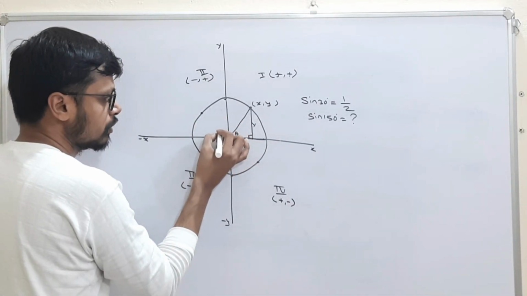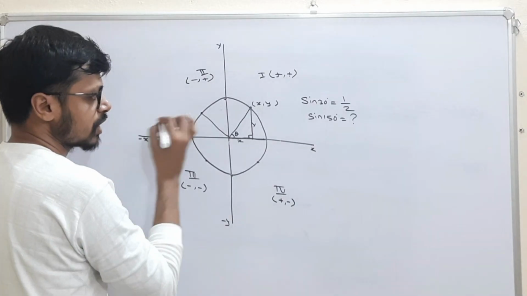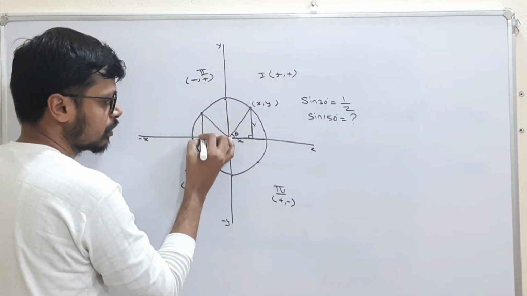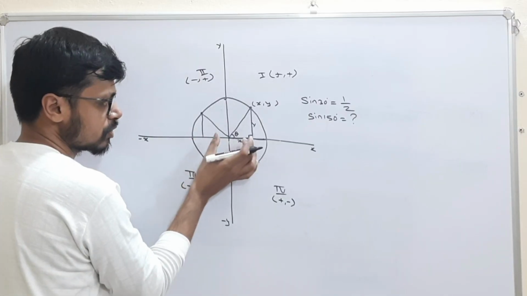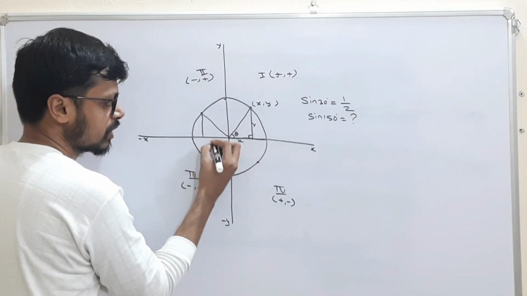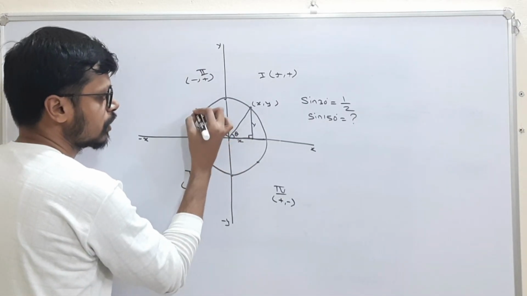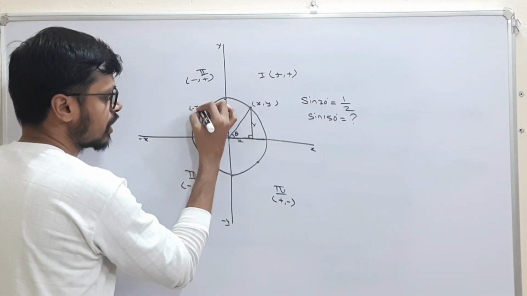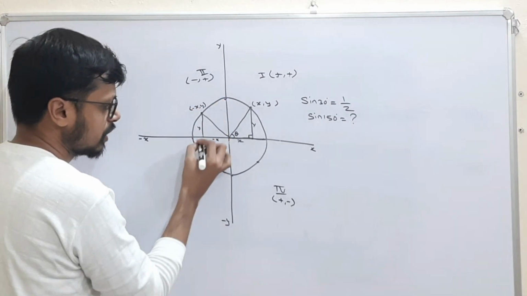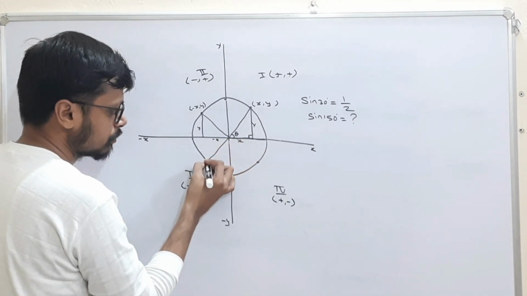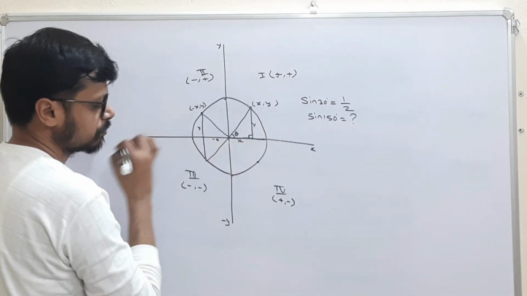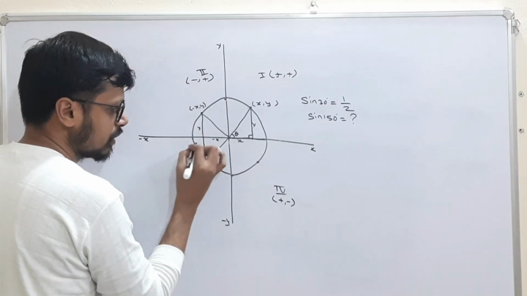Same thing if I draw one triangle here. From the origin I will take this hypotenuse and draw the perpendicular on the x-axis. So what will come here? Minus x, because we have taken the mirror image, so this one will be minus x and y positive. So we can write minus x and y, right? Same thing if I do here also: if I draw one hypotenuse and then the perpendicular, the same thing will come here, students.